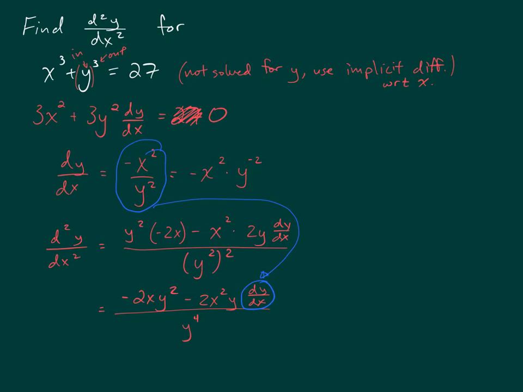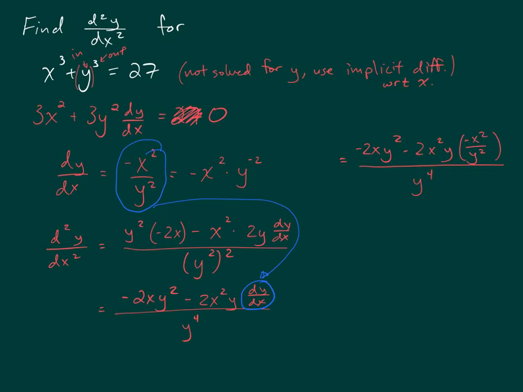That way we have x's and y's, and maybe we can simplify it a little bit more. So let me write that over here. All right, there we go with this substituted in. And now I'm going to simplify this as much as I possibly can here.